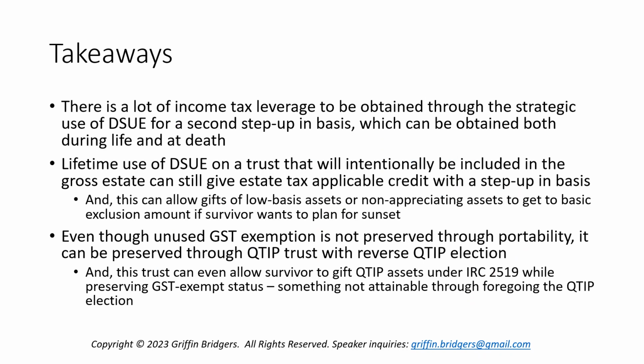And even though we have unused GST exemption not being preserved through portability, that reverse QTIP election through a QTIP trust can create a GST exempt share that carries on with the ability to subsequently allow the survivor to allocate their own GST exemption to the non-exempt share. That's something that wasn't attainable if we simply made a partial QTIP election at first death.